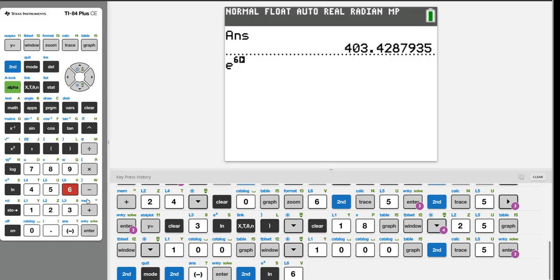Type in 6 and press enter. This gives us an answer of 403.4287935. Notice these two answers are exactly the same. So we have confirmed our work on the second problem as correct. We're done.